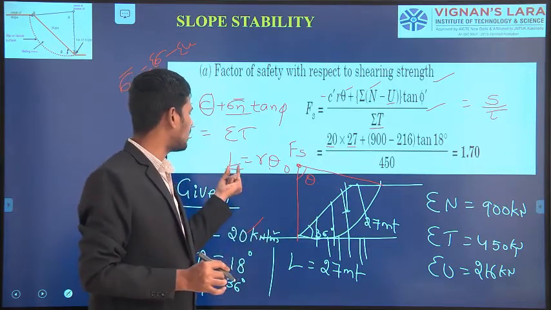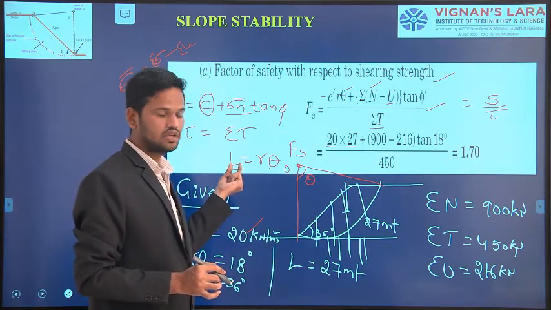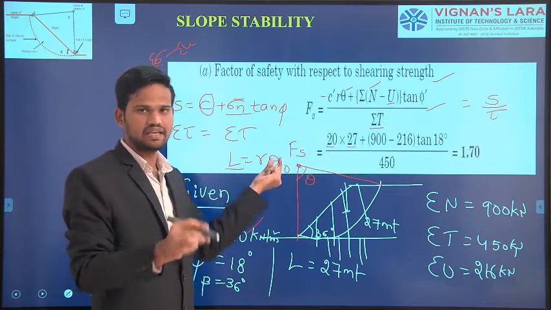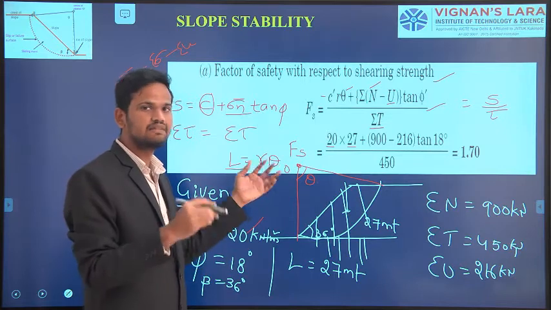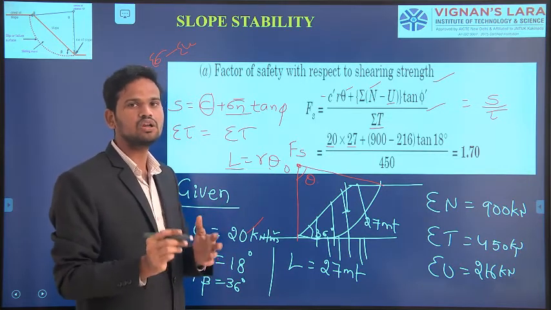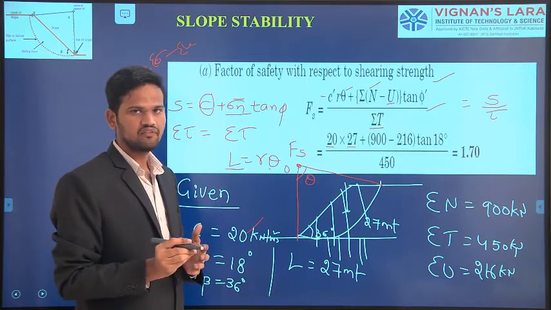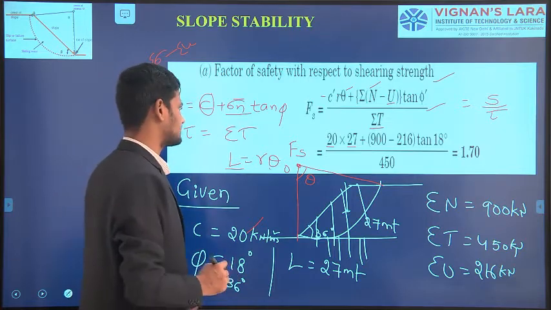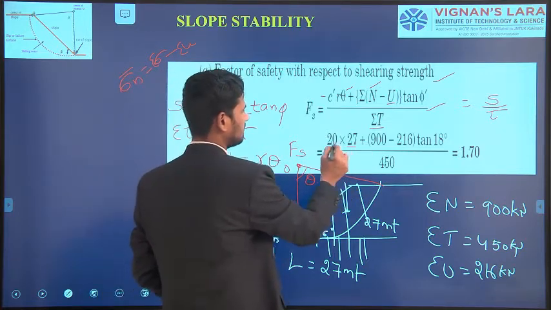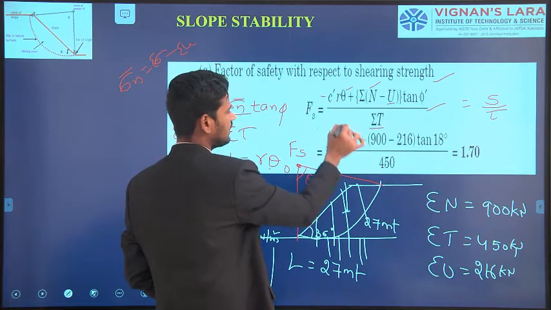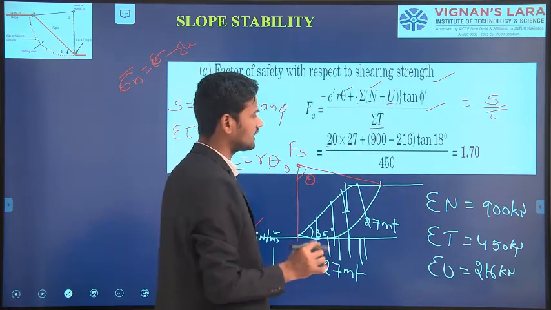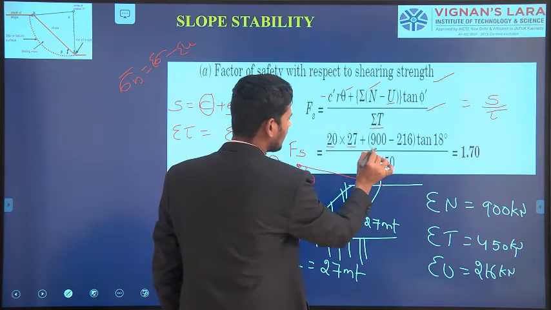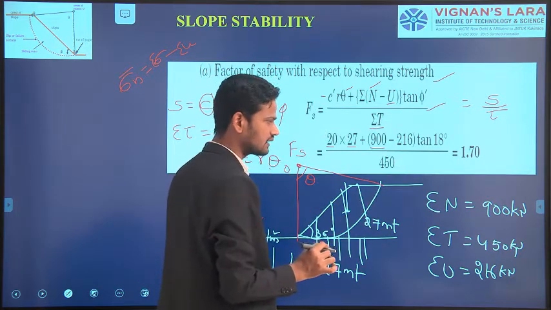In those conditions, you have to find the length of the arc. Theta will be in degrees, so you have to convert it into radians. That means degrees divided by 180 into pi, and you will get the value in radians. And plus C r theta we substituted here, and plus summation of n, where n is the normal force acting on the soil mass. The normal force acting on the soil mass is 900 kilonewton.